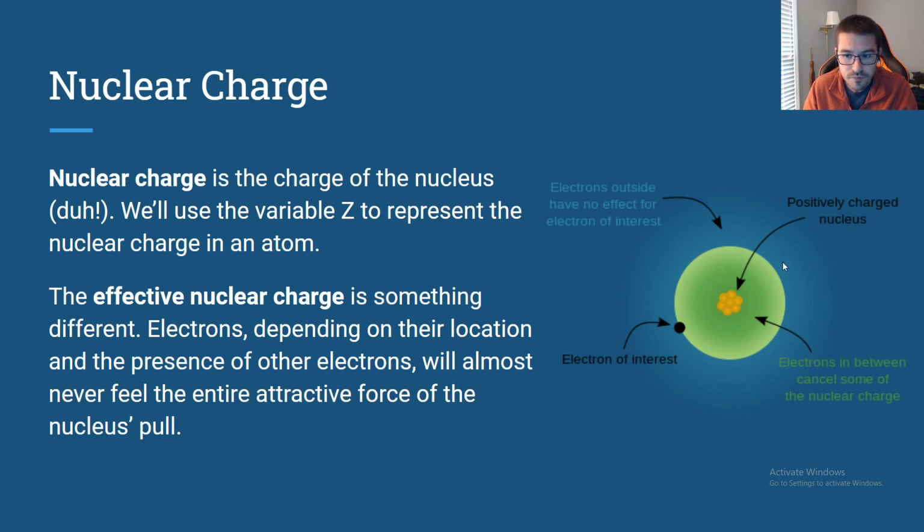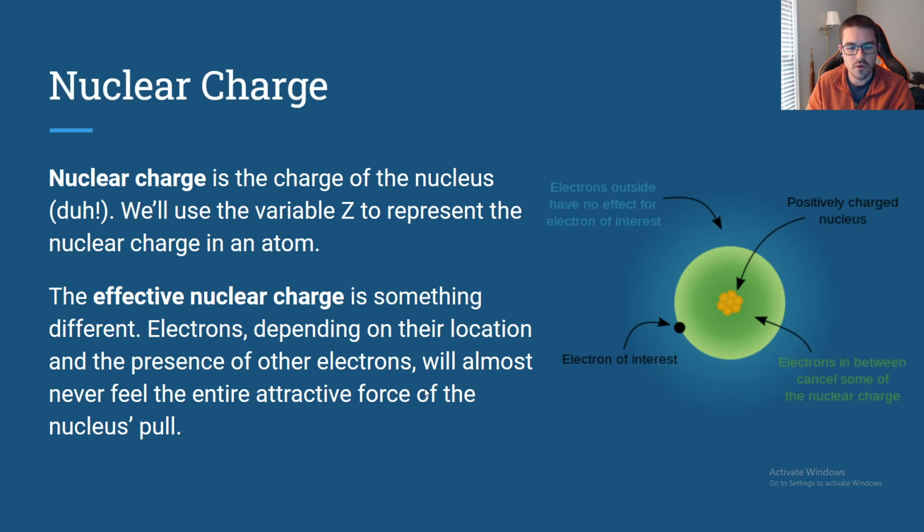However, due to the fact that there may be other electrons in between you and the nucleus, you're not going to feel the entire attractive force of the nucleus's pull. Or, well, you will feel the entire force, but it's going to be canceled out somewhat by the presence of these other electrons.